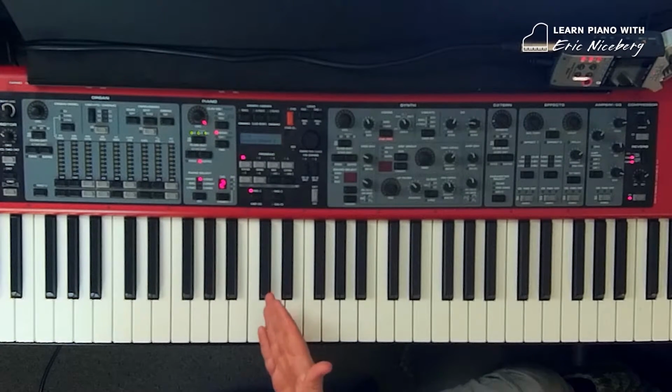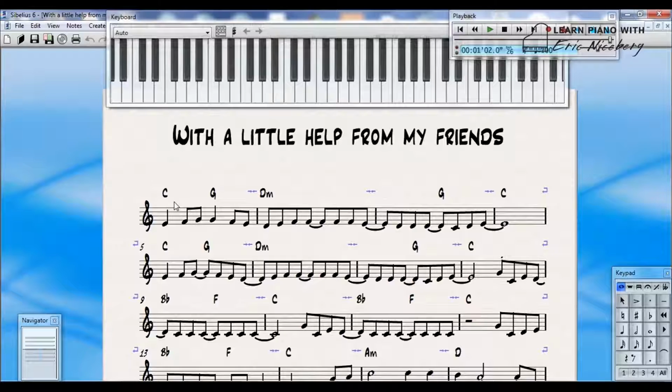Now the next question we need to ask ourselves is which inversion of C ends on E, or ends on the third degree. Okay, so we can always start by playing C major in root position and invert the chord until we get to the point where E is our lead. Okay, in this case, second inversion.